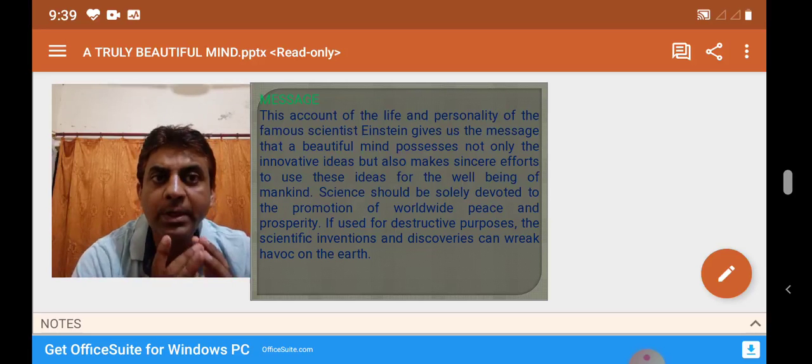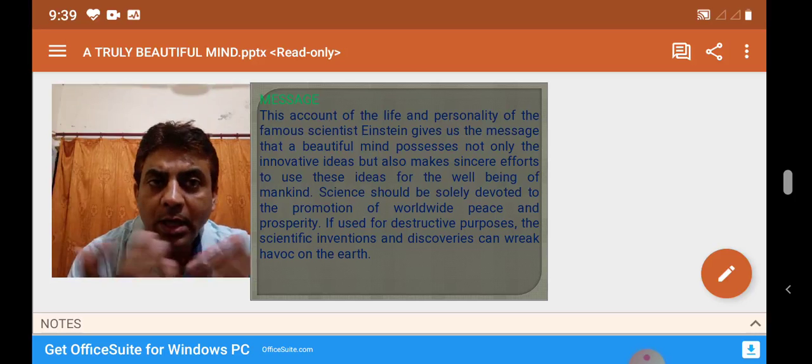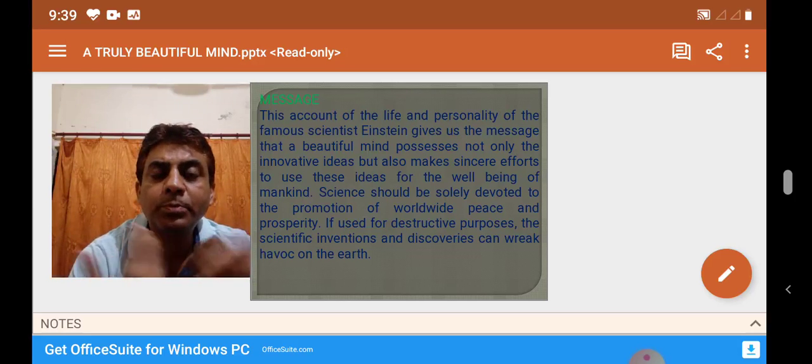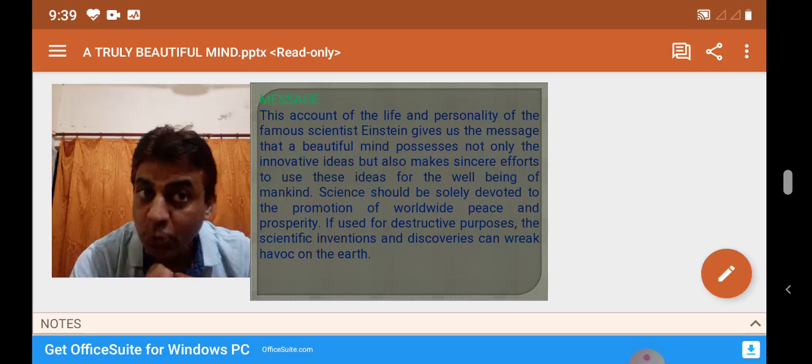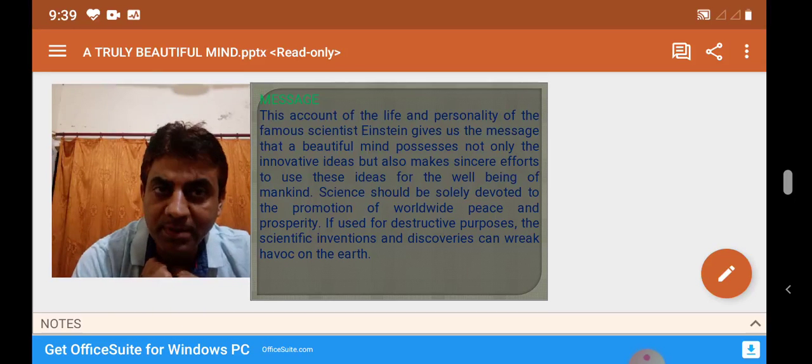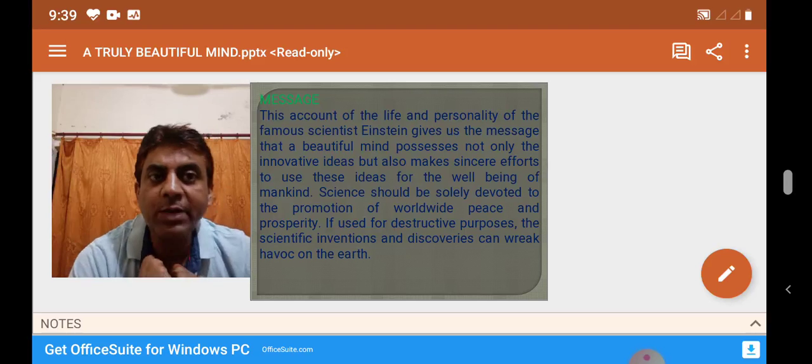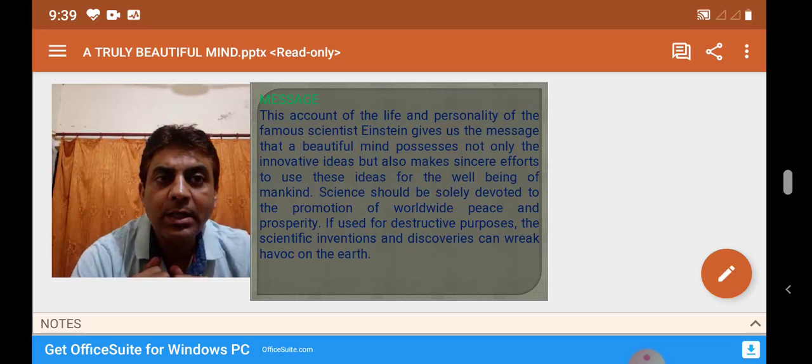Science should be devoted to the promotion of peace and prosperity in the world. If used for destructive purposes, the scientific inventions and discoveries can wreak havoc on the earth.